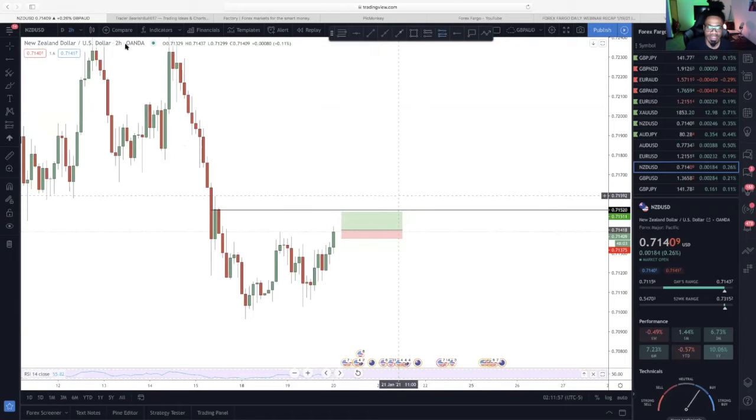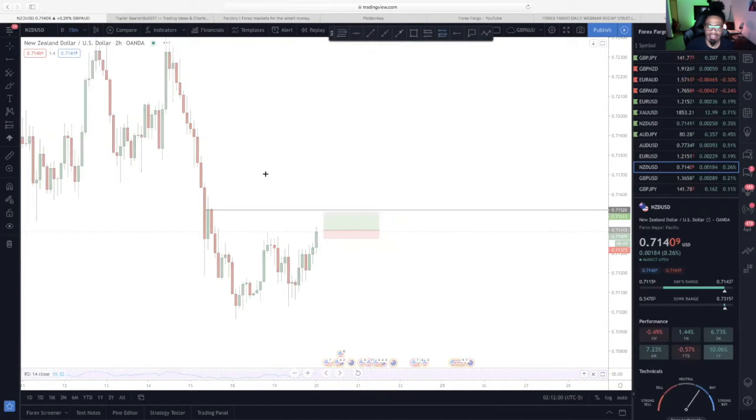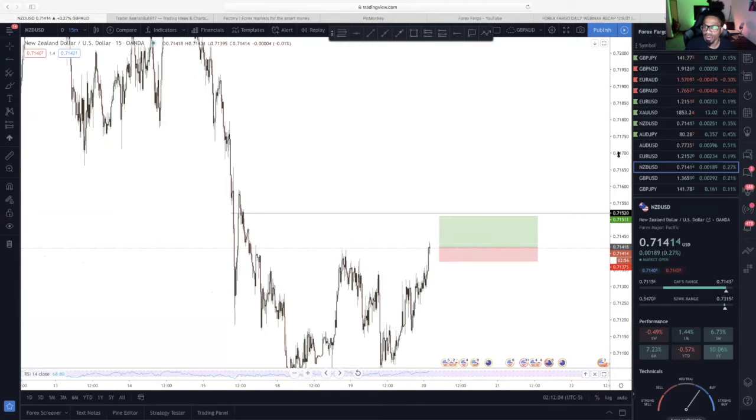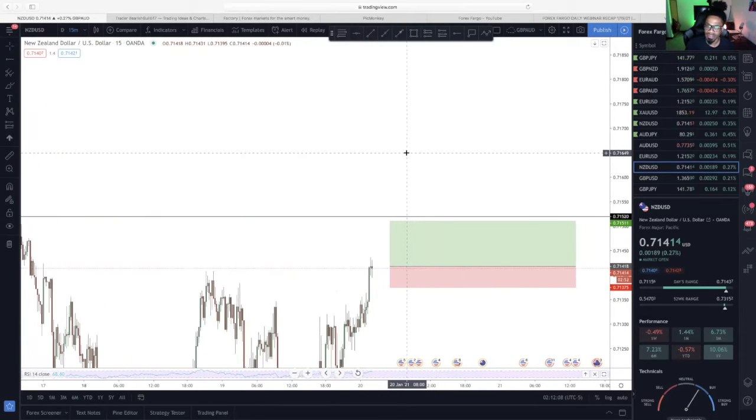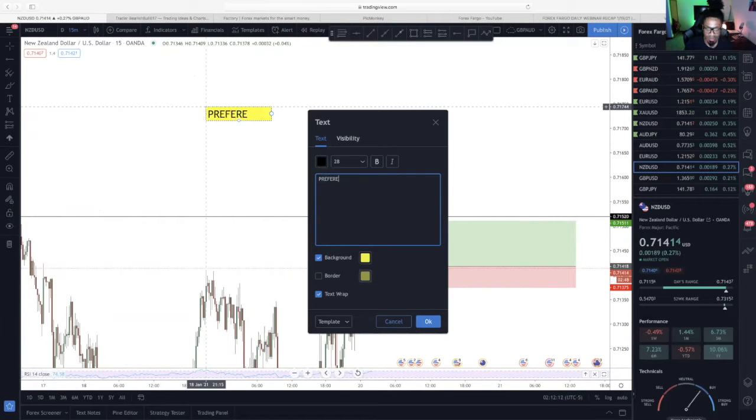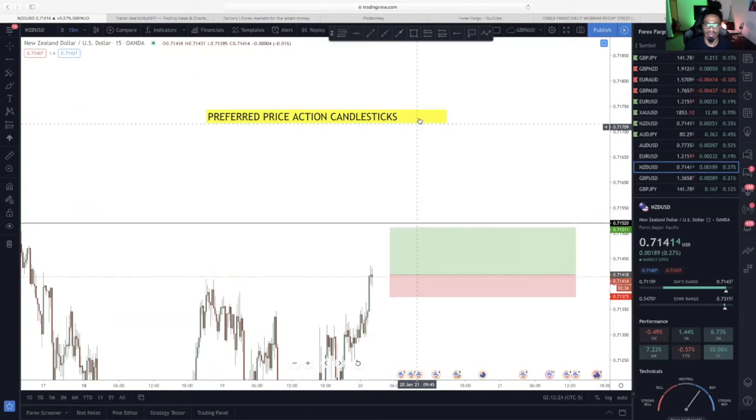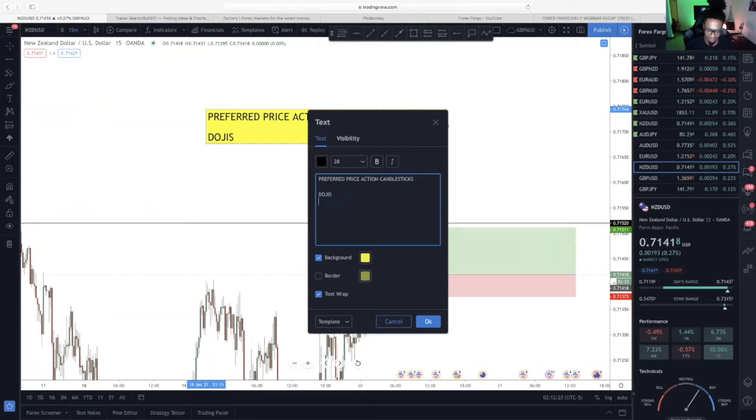We'll go from a 2-hour time frame to a 15-minute time frame just to bust down a little bit. Your job on a smaller time frame is to monitor the price action, right? So some preferred price action candlesticks that I like: the dojis, the hammers and inverted hammers, dojis such as the spinning tops and bottoms, right?